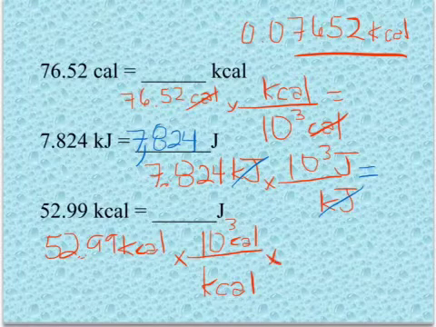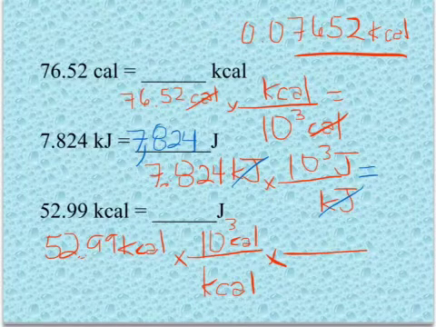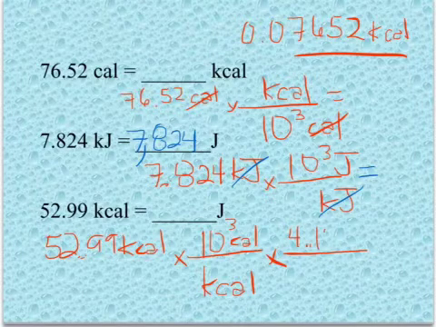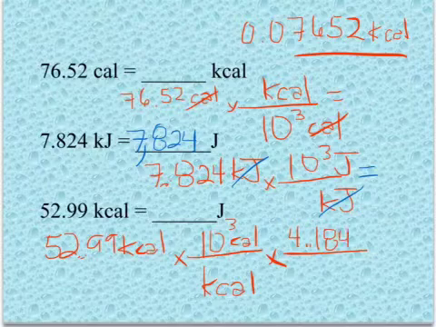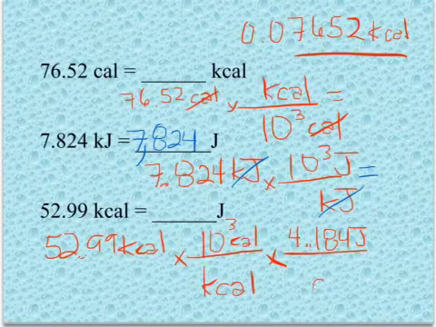And then we've got one more conversion. We got rid of kilocalories. I'm going to change calories to joules. From the numbers I looked at previously, I know there's 4.184 joules in a calorie.